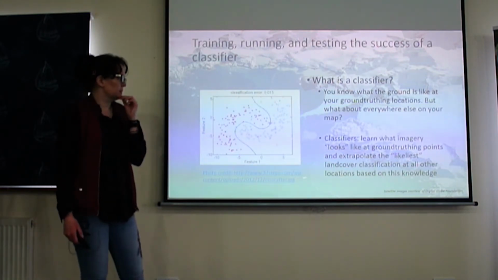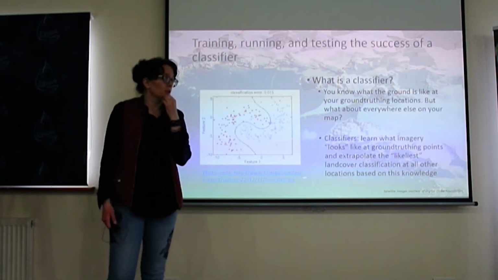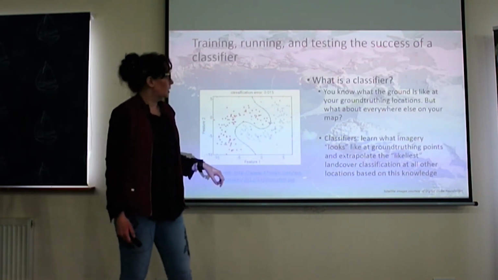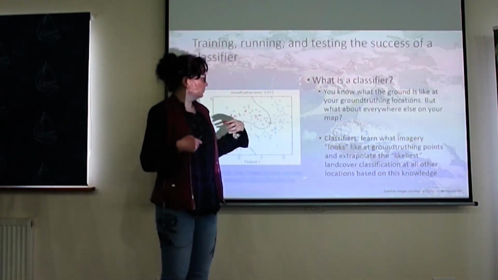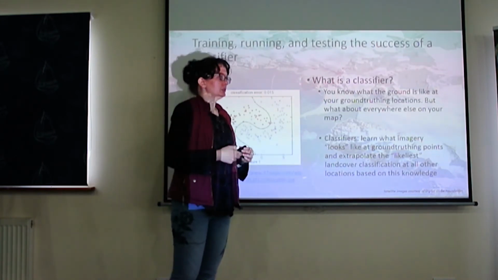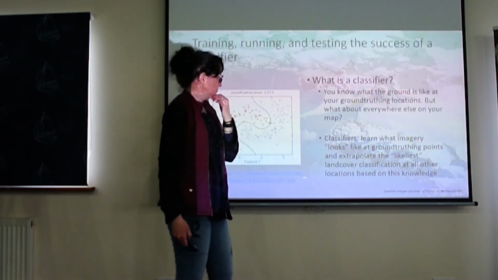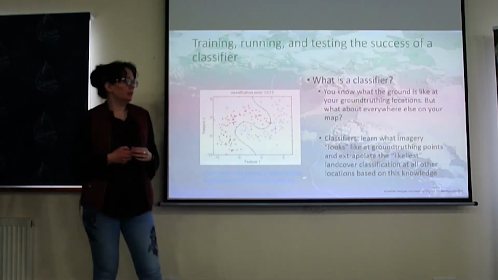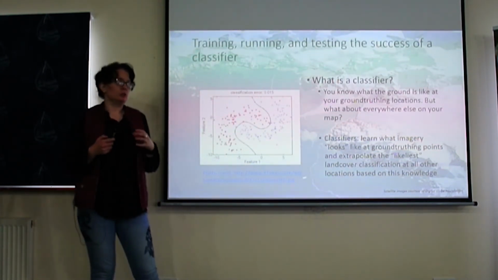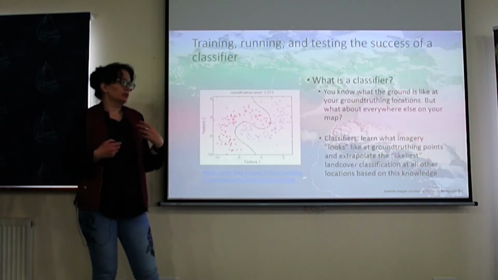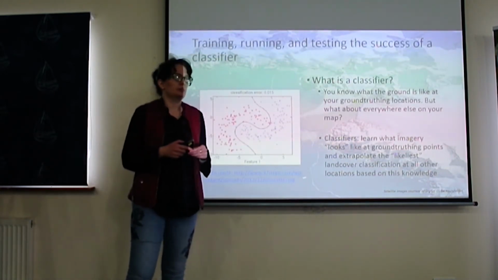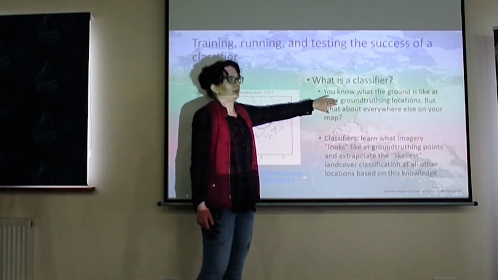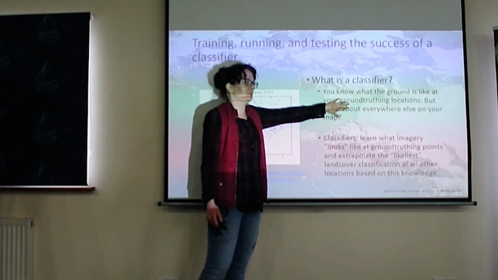So what I mean by classifier is basically a tool or an algorithm, or whatever term you want to use, that learns what various different types of land cover classes look like. The way that it learns is basically it goes to your ground truthing points.